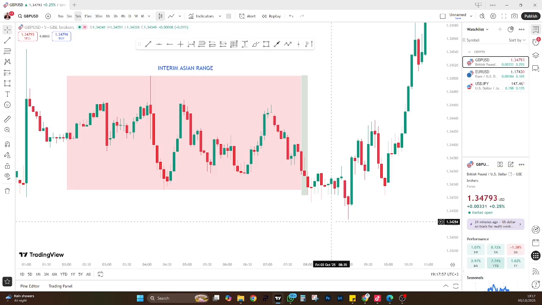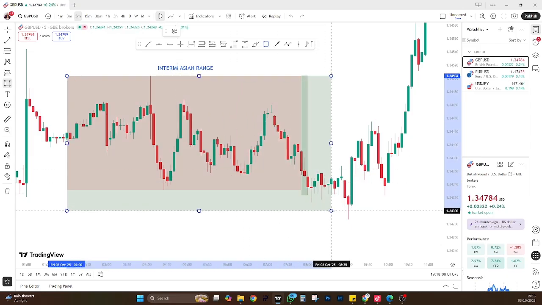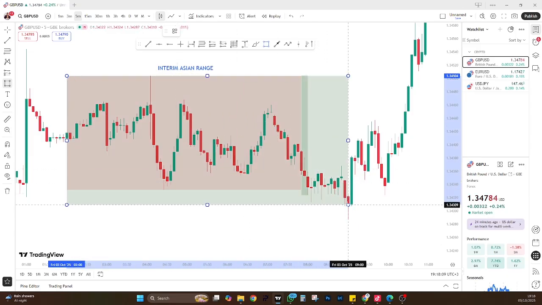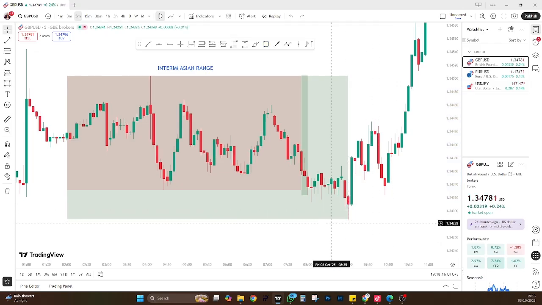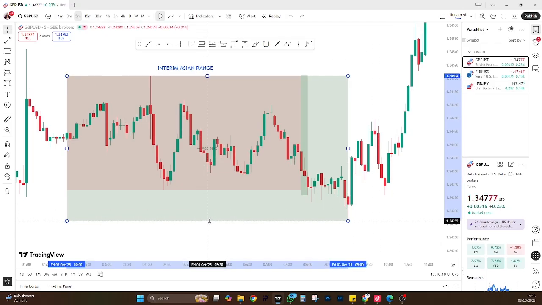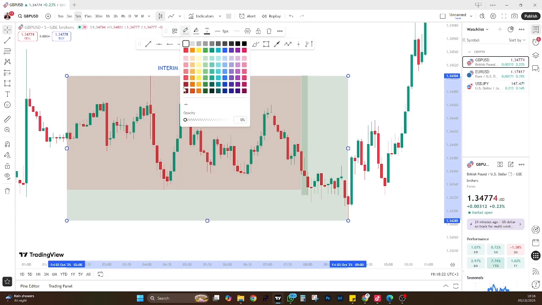And why do we know that? You can mark the real Asian ridge from 2 a.m. to 9. You see where 9 is? Yeah, that is where 9 is. So that is the real Asian ridge.